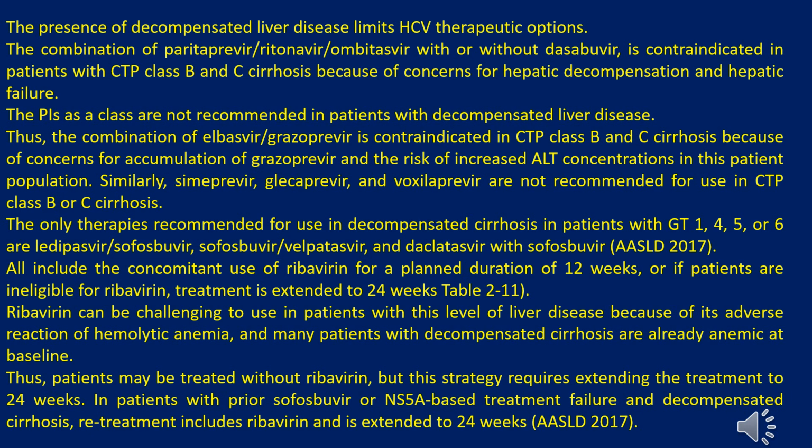All include the concomitant use of ribavirin for a planned duration of 12 weeks, or if patients are ineligible for ribavirin, treatment is extended to 24 weeks as shown in Table 2-11. Ribavirin can be challenging to use in patients with this level of liver disease because of its adverse reaction of hemolytic anemia, and many patients with decompensated cirrhosis are already anemic at baseline.